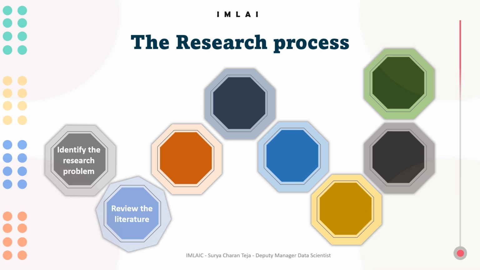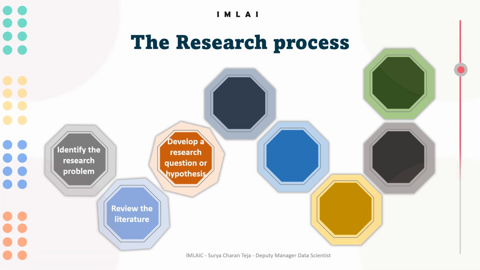Once reviewing the literature is done, we will move to the third step, which is called develop a research question or hypothesis. This is very important. Based on the literature review, you can develop a specific research question or hypothesis that you want to test.